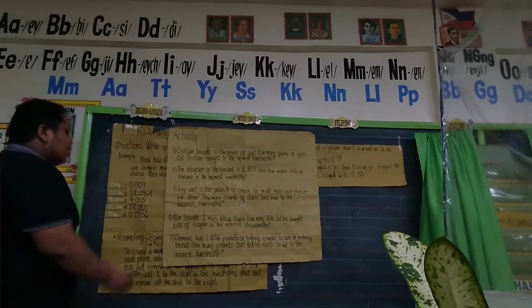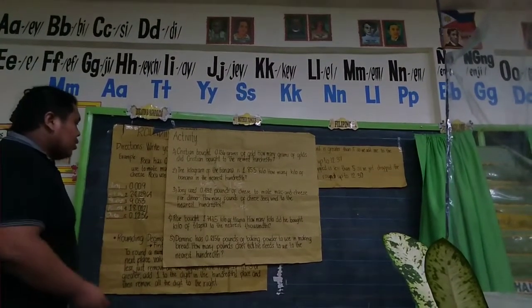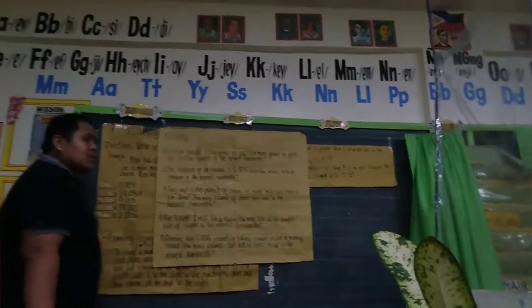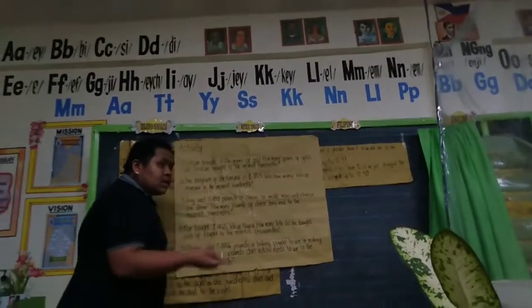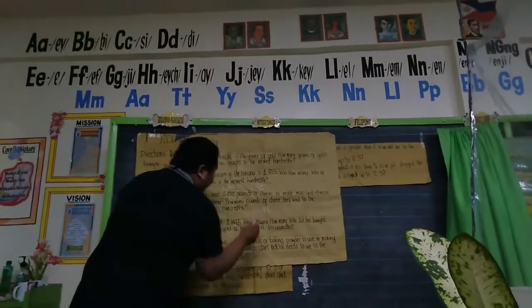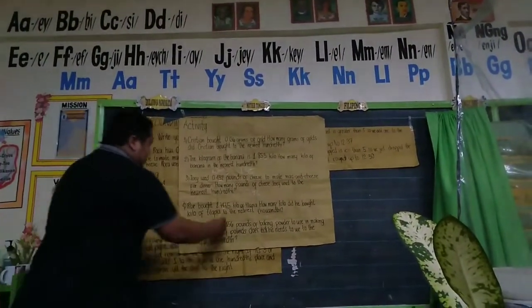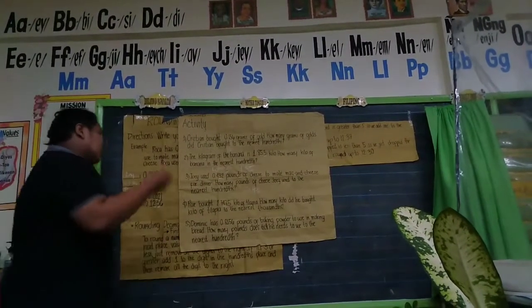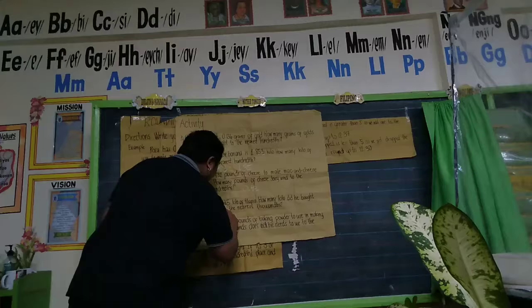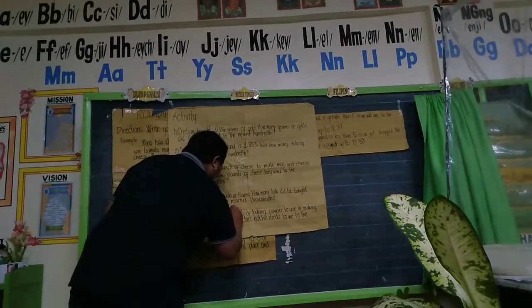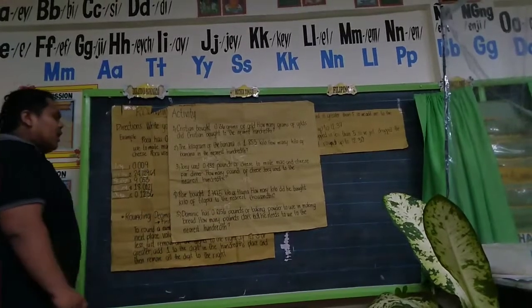Number 4. Rose bought 2.7475 kilo of tilapia. So, what is the nearest hundredth? Yes, number 4. Is number 7 greater than 5? Correct, it is. So, which means the answer is 2.75.